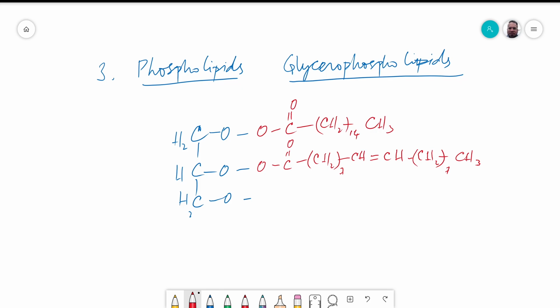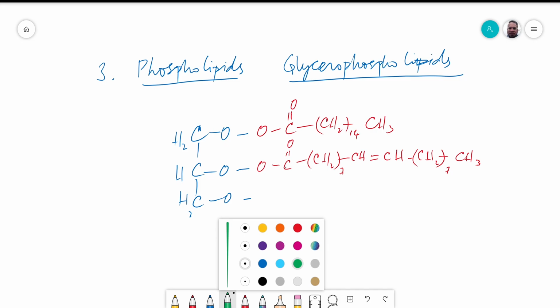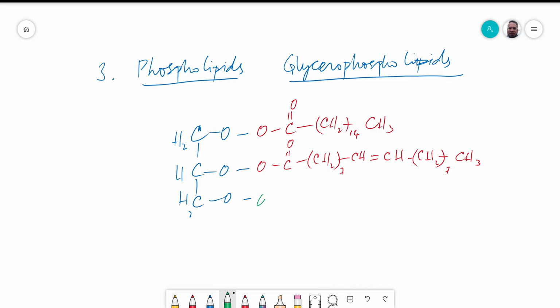And then for the last one, so you have diacyl, they have two acyl groups, so this is mono and di, and this is tri. You have a phosphate group on it, right? And then you can have nothing here, or you can have a hydrogen.